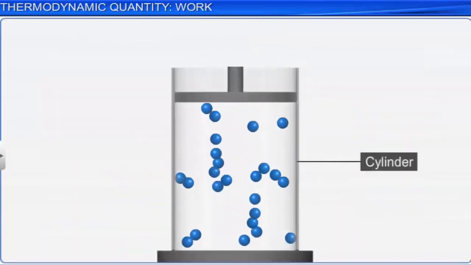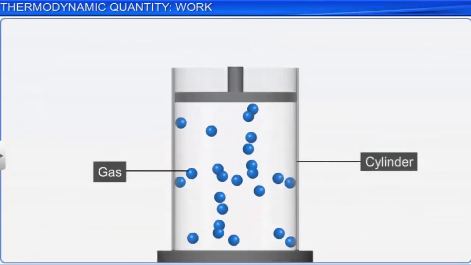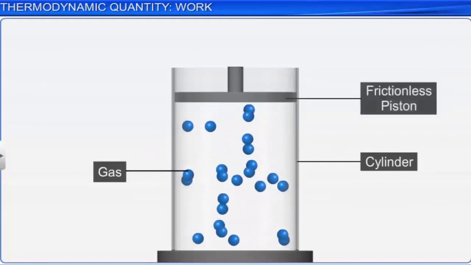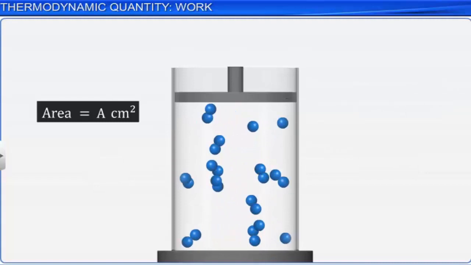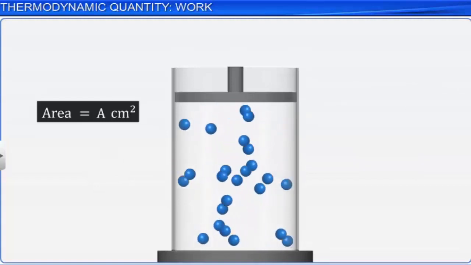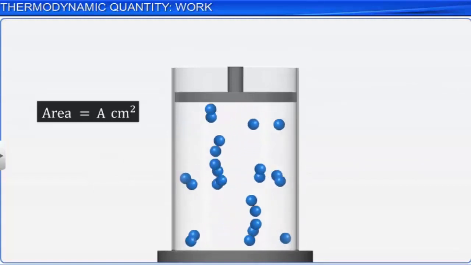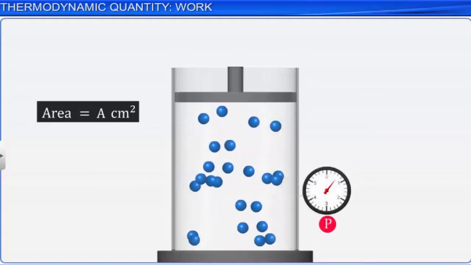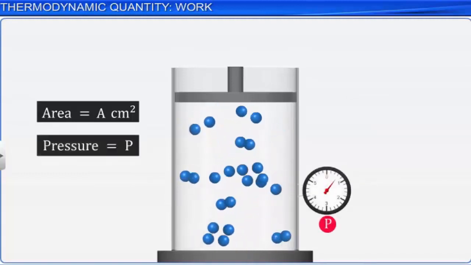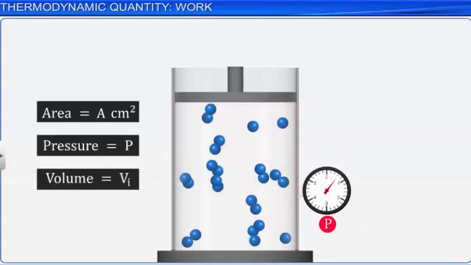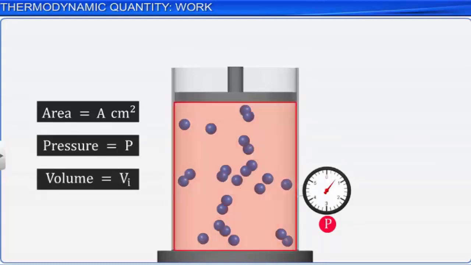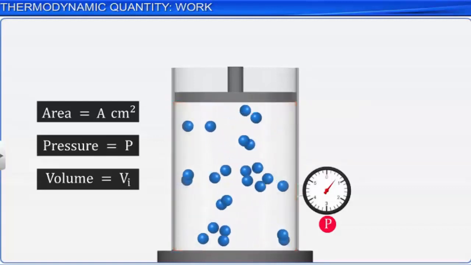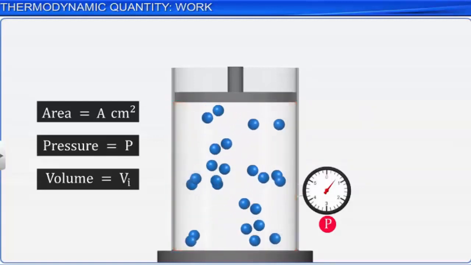Consider a cylinder filled with 1 mole of an ideal gas and fitted with a frictionless piston. Let's say the area of the cross-section of the cylinder is A square centimeter. The pressure of the gas inside the cylinder is P, and the volume of the gas inside the cylinder is Vi, the initial volume of the gas.